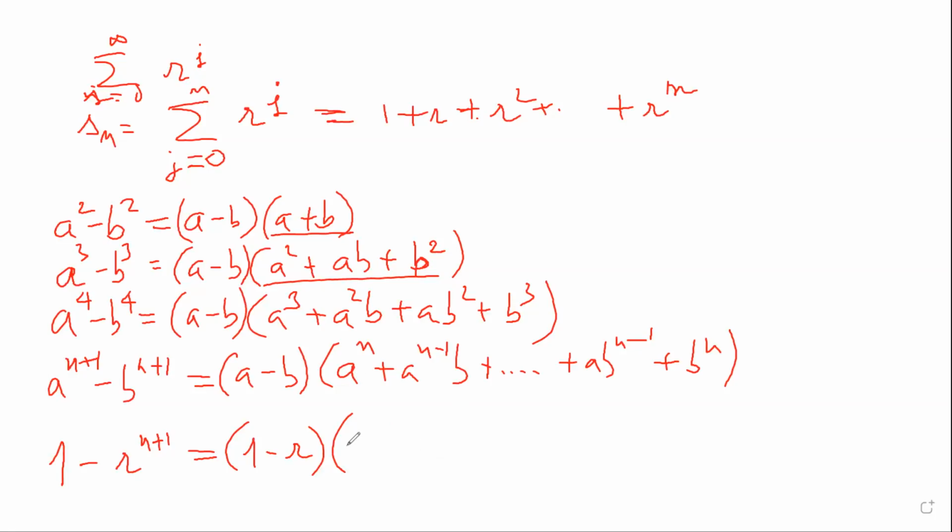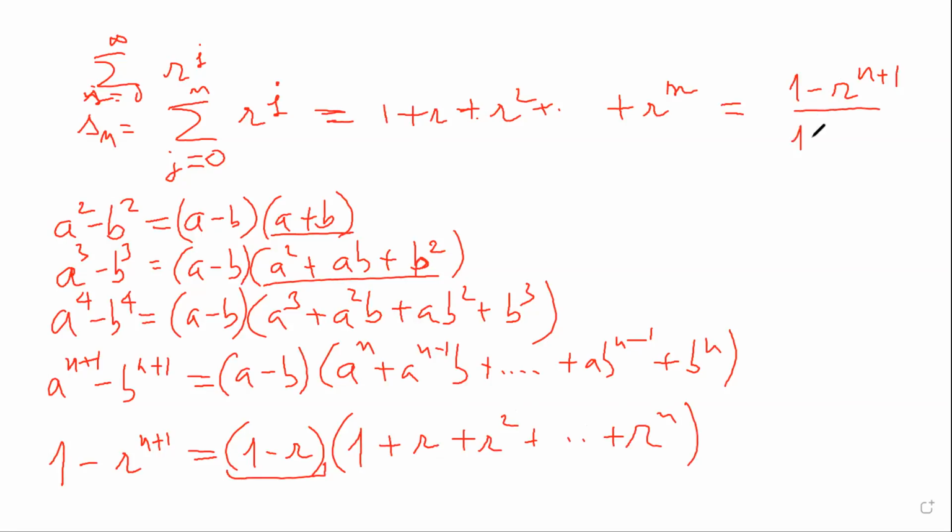So the first term is going to be 1, and r, and then r squared, and so on. And now you divide both sides by this factor, then you get exactly the term that we want, the partial sum Sn. So you get this equal to this. Is this clear? Do you have any questions?